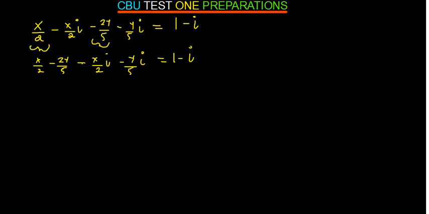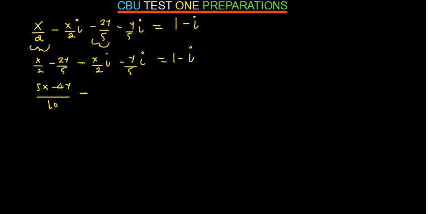From here we can make this a single fraction, so multiply the x by the 5, that is going to give you a 5x, multiply the 2 by the negative 2, it's going to be negative 4y, then multiply the two denominators, that will give you a 10. And then I'm going to put a minus here.